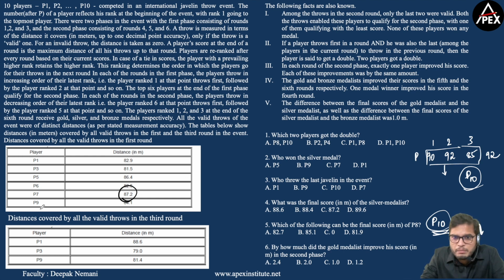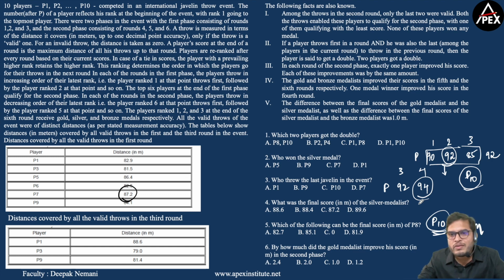Now coming to the third statement: in each round of the second phase, exactly 1 player improved his score. Each of these improvements was made by the same amount. What do I mean by improving someone's score? For example, let me consider a player who had a score of 92 in round 3. In round 4, if he had thrown a distance of 94 meters, then his score would be 94 meters after round 4.